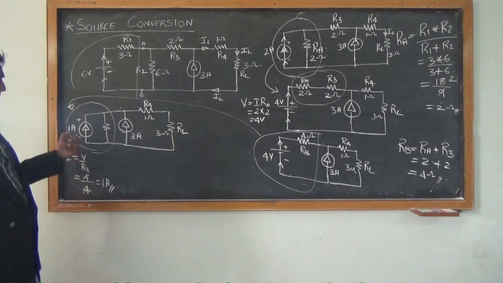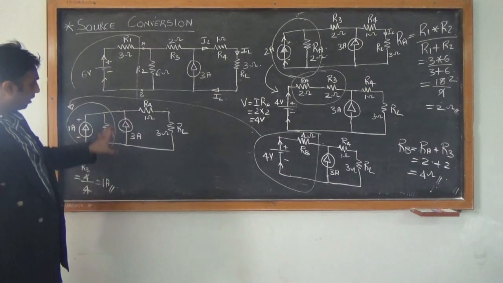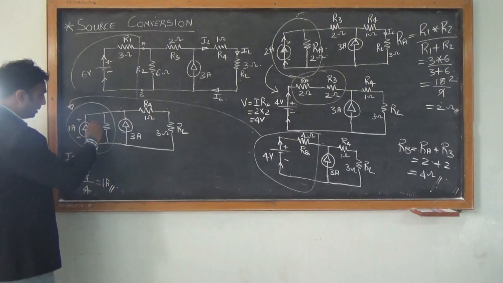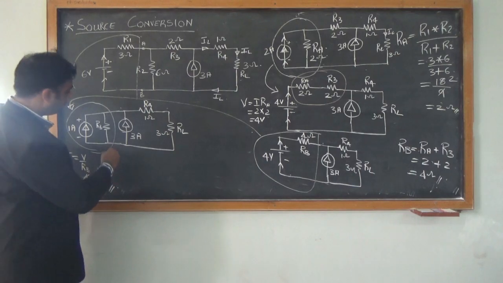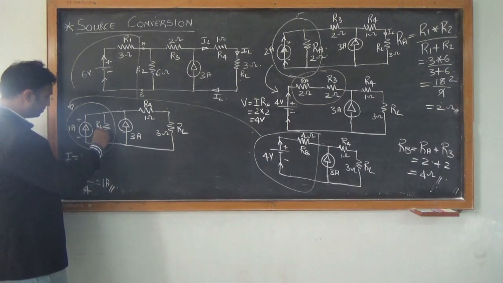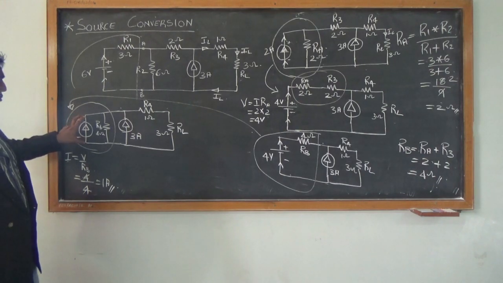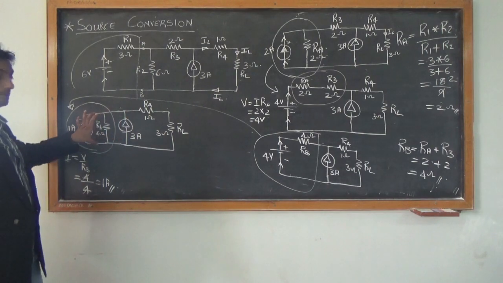So now what I see is I have 1 amp and I have 3 amps. Now if you notice, your 3 amps, your RB, which is equal to 4 ohms, and your 1 amp current source, are all in parallel.